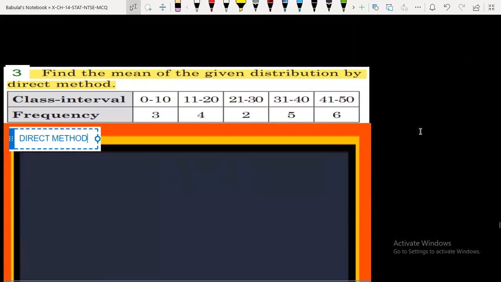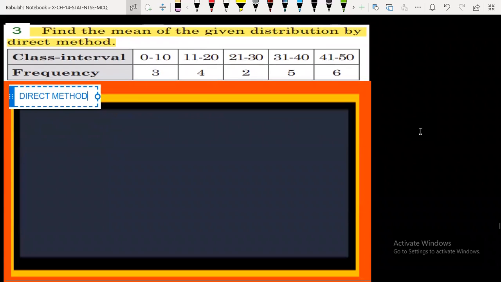And the question is the same. Before I do, please you also draw the table in your copy. Okay. So find the mean of the given distribution by direct method. Here the method is also given.